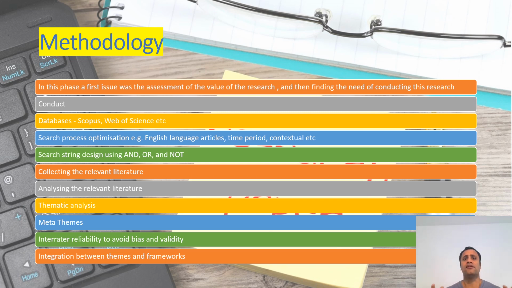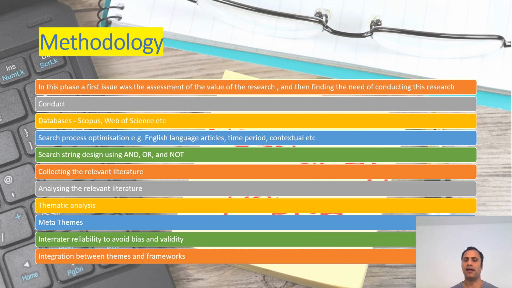Once you finalize the database, the next step is to look into how to design the search string. A search string can be designed by making use of Boolean operators like and, or, and not.